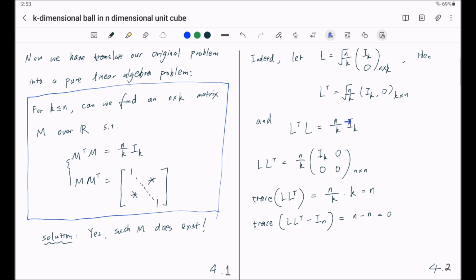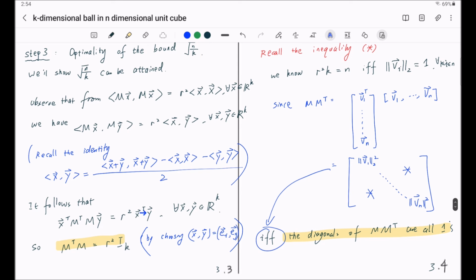This is what we just computed. So we have found a matrix satisfying those two equations, which, by our discussion here, finishes our step number 3.